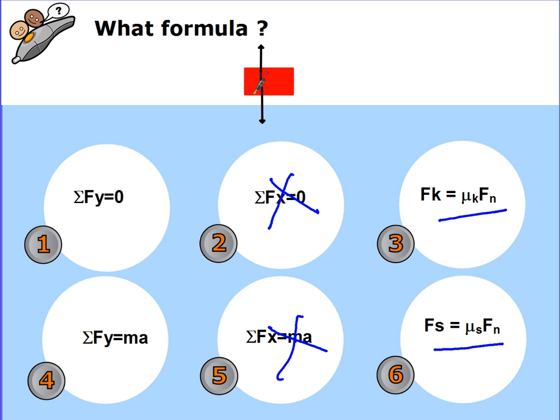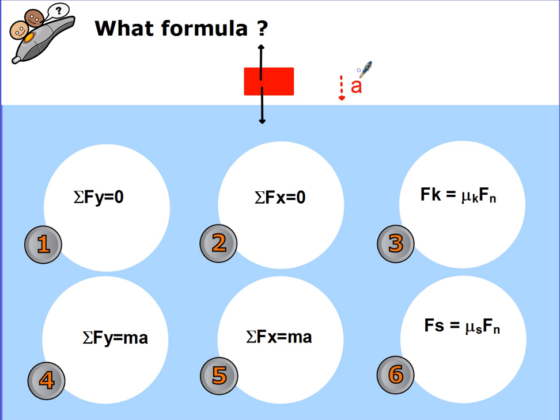If these arrows are the same length, then I'm looking for the sum of the forces in y is 0. So this is if they're the same length. Okay. And the sum of forces in y equals ma is the one we want if they're different lengths. And I believe these are the same length, so our answer is 1.